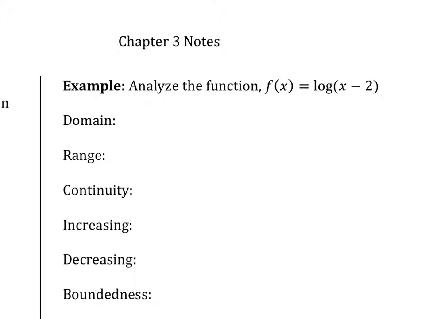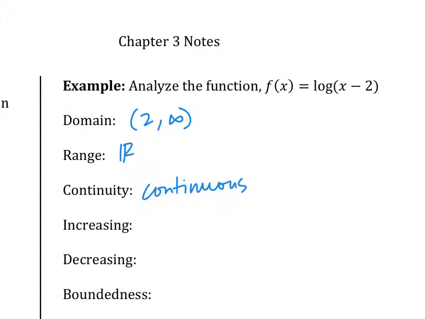Okay, Alana, domain. Not all real numbers. We don't have any numbers on the left of something. Very close. Greater than 0 would be the original graph, but we moved 2 to the right. Yes, greater than 2. So 2 to infinity. Trey, range. Andy, continuity. Continuous.